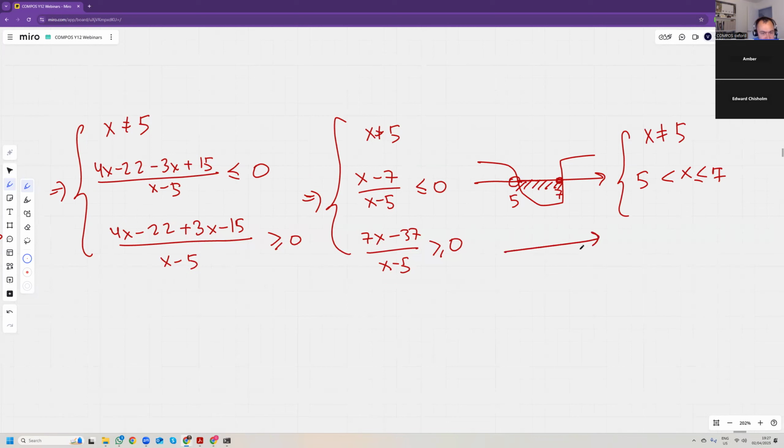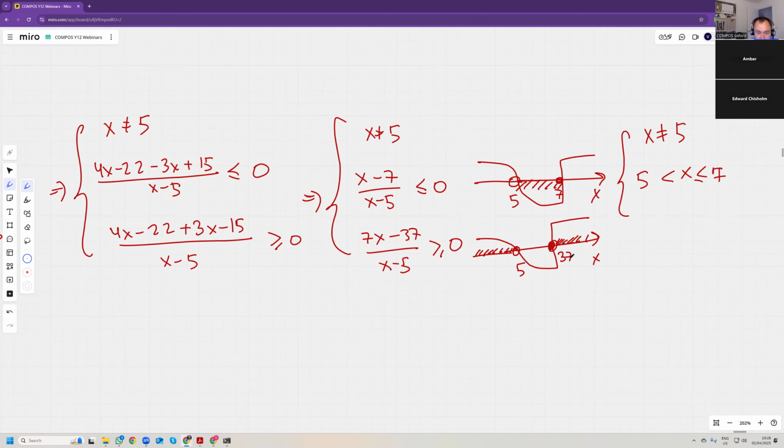And here, this one's a bit tricky. We have 5 and 37 over 7. That's less than 7, certainly. So that is like that. It is greater than 0, so it's here or here.